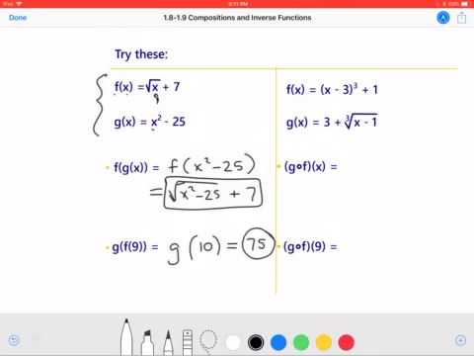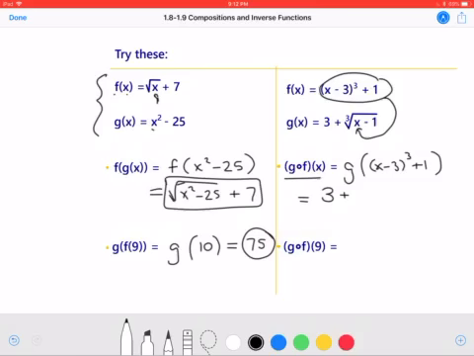If you want to pause me and try this next set on your own, I think that's a good idea. g of f of x is what this says to me, so I'm going to do g of f of x. Oh, this one's super complicated, isn't it? So that means I'm going to take this entire function and substitute it in for the x in the g function.